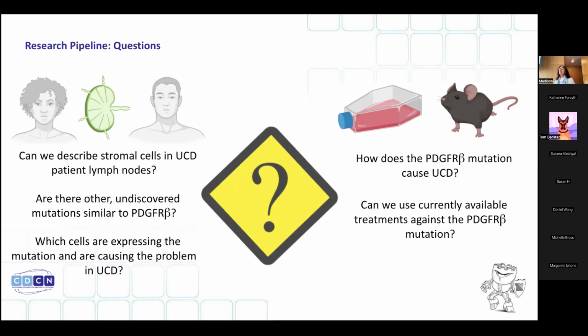And then does having the mutation cause UCD? You're like, how are we going to prove that? Well, if you put the mutation into mice, do they develop lymph nodes that are like Castleman's disease? And so that process is underway. And then once we identify sufficient numbers of patients with this mutation, potentially they would be able to get this therapy.